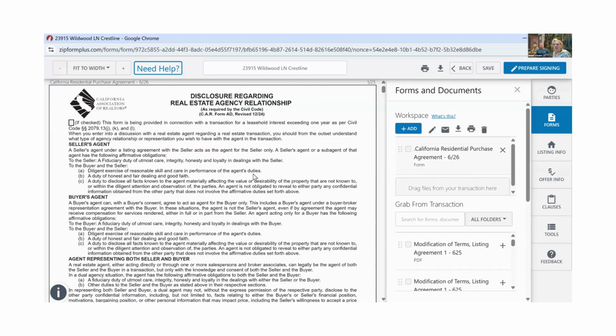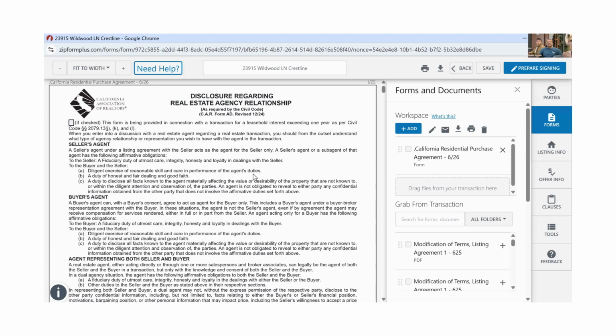This first page, let me back up. When zip forms, when the CAR, the California Association of Realtors, wrote these forms, because they wrote every single one of these forms, they did it in cooperation with attorneys because they needed forms that everyone can use that would assure some amount of stability before a judge, right?